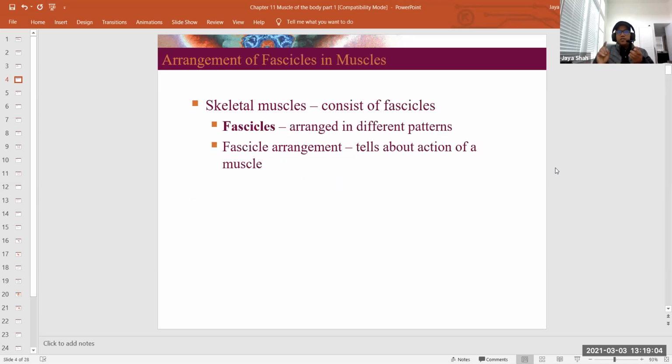Arrangement of fascicles in the muscles. Before we talk about that, let's review the structural organization of muscles again, and you guys will guide me. The first organization is the whole muscle. If we slice the muscle, what are we going to see, the first bundle?